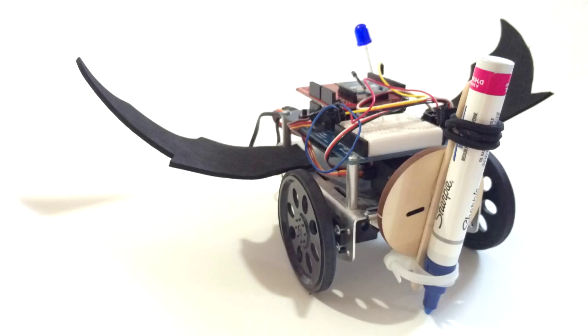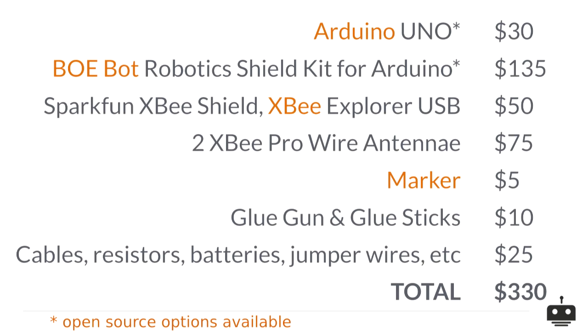But to build ArtBot, there are some components, right? So we've got an Arduino Uno, which is kind of the most basic of microcontrollers that you can get out there. We're using a BOE-bot robotics shield, which is the chassis. So that's just like the body of what's going on here. And then I don't want to have to deal with cables.